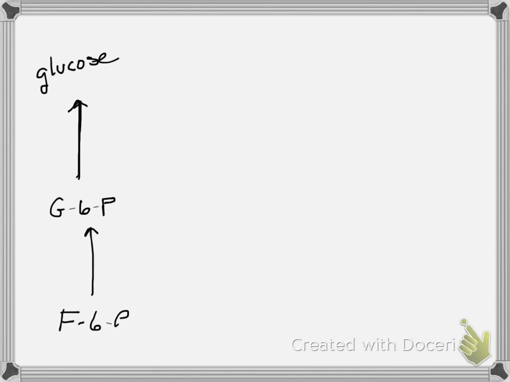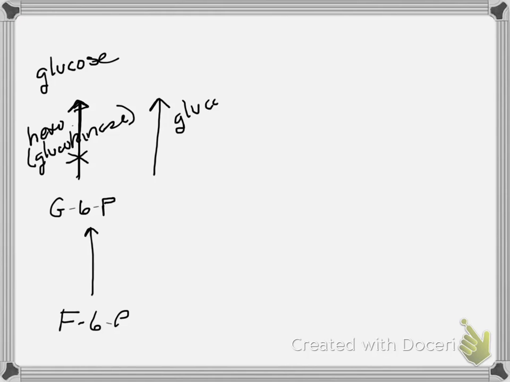This reaction, we normally use a hexokinase, glucokinase in the liver, and this reaction uses ATP to form glucose 6-phosphate from glucose, so this reverse reaction is irreversible. So what we need is another enzyme to take glucose 6-phosphate and convert it into glucose.